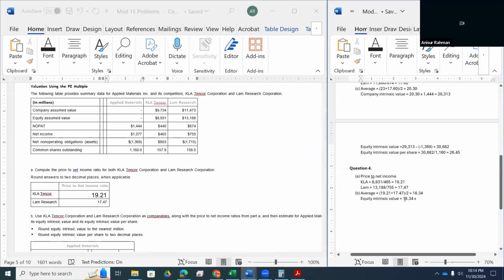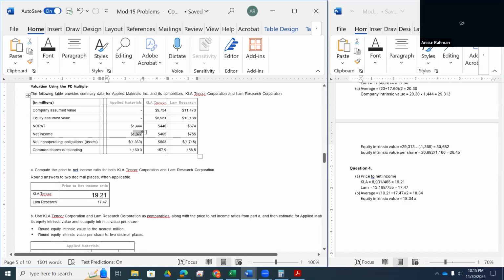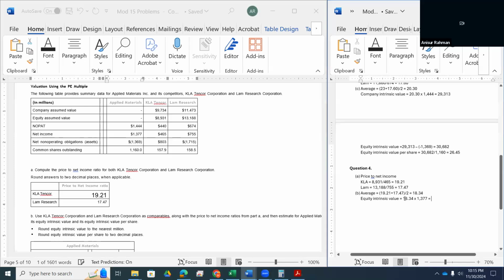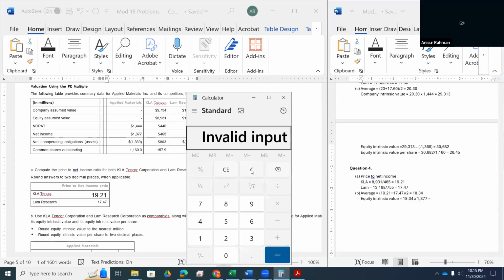So this is how much $1 of net income is worth, and the total net income is this much. So, nearest million.